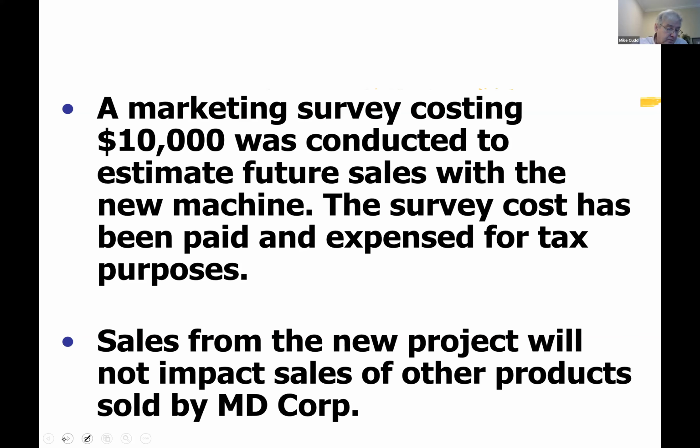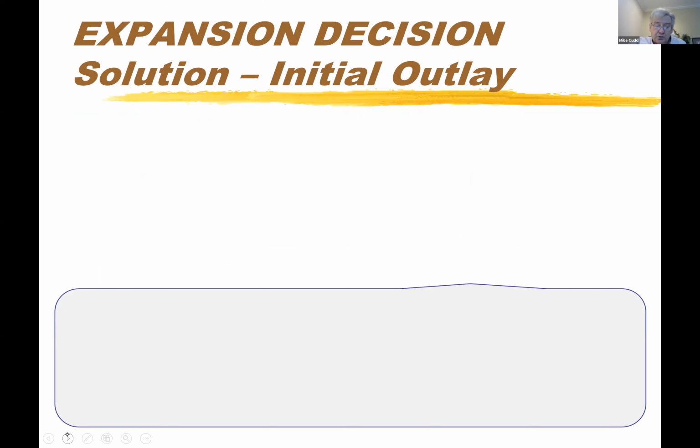So we start with step one, the initial outlay, the first segment. This, as I said, is the cash flow that occurs at time zero.